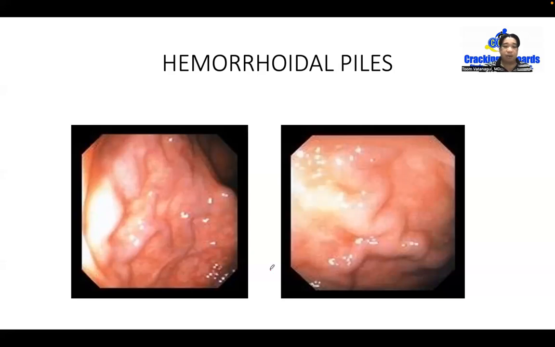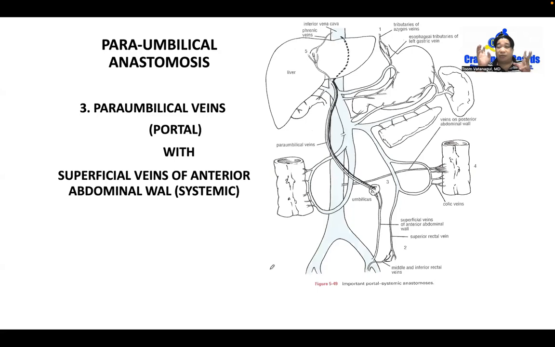Very good. Now, this is now the third anastomosis. This is what we call the para-umbilical anastomosis. So I want everyone to remember basta portal circulation. It's the para, or some books call it peri-umbilical veins. Nandito yung para-umbilical veins. Okay?